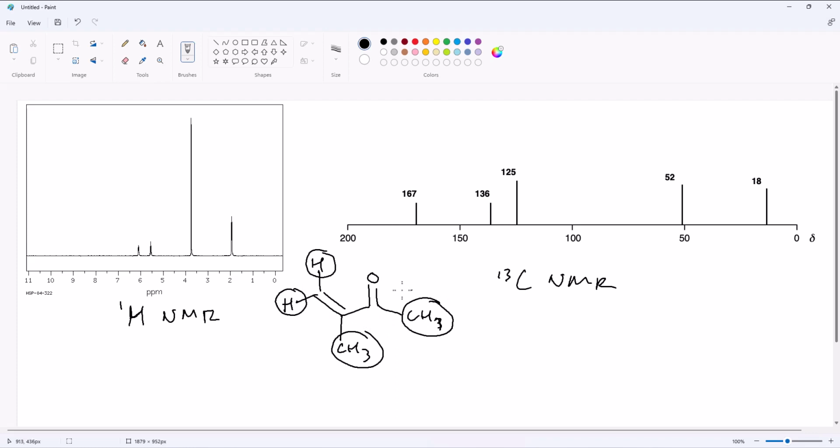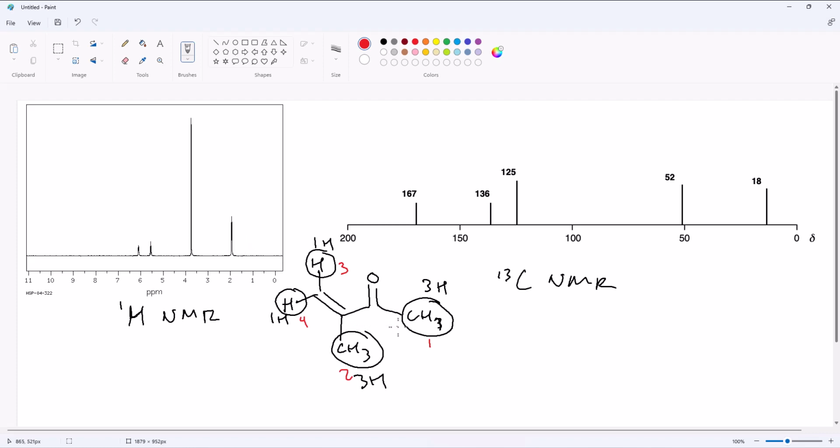If we're looking at integration, then this doesn't show the integration. We'll have a 3H, a 3H, a 1H, and a 1H. Now let me number these 1, 2, 3, and 4. So let's try and determine what is what on this spectrum.